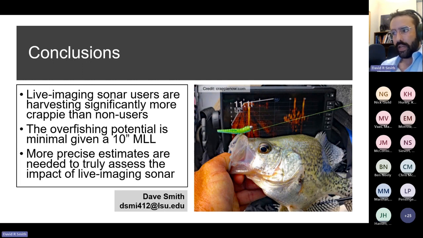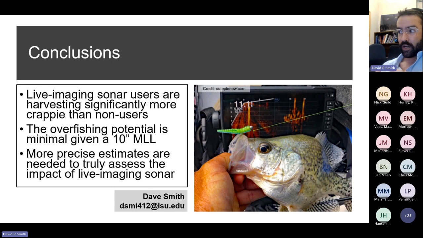So we also conducted these creel surveys. We did this study on 10 different reservoirs where TPWD had their traditional creel survey set up. The amount of effort that goes into targeting crappie on some of those other Texas reservoirs is not as high. Largemouth bass is the primary focus of anglers in Texas.